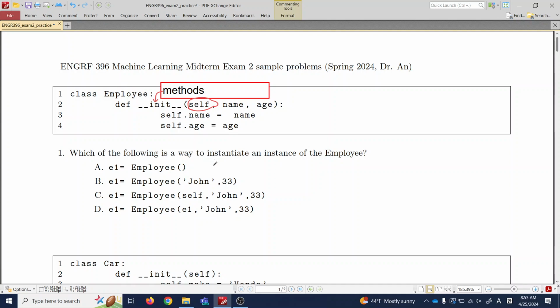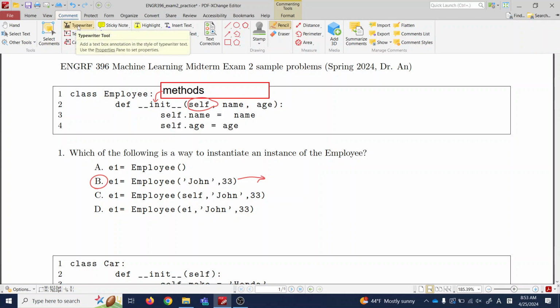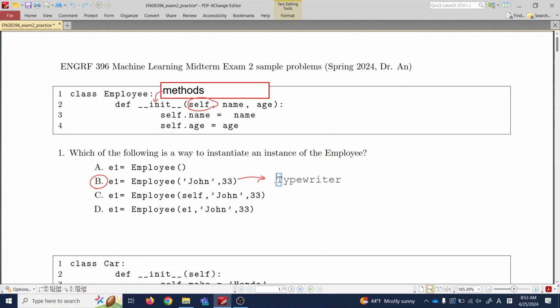So here's what happens. Let me tell you the correct answer first. This is the correct answer, B. What's really happening internally is that E1 becomes an instance of the employee, and Employee.__init__(E1, John, 33) is actually called.